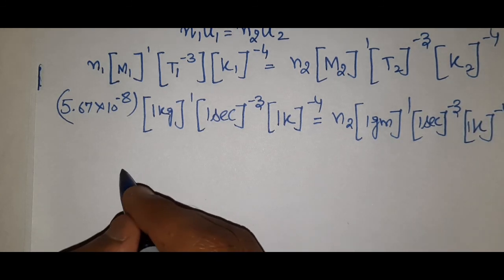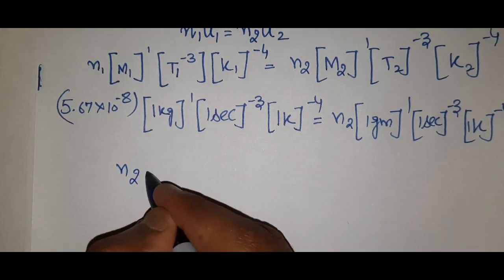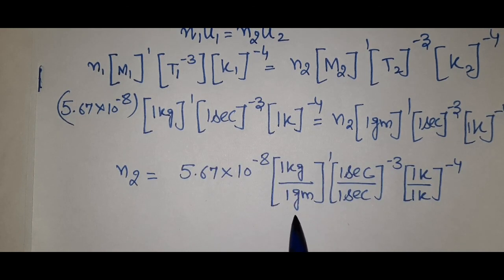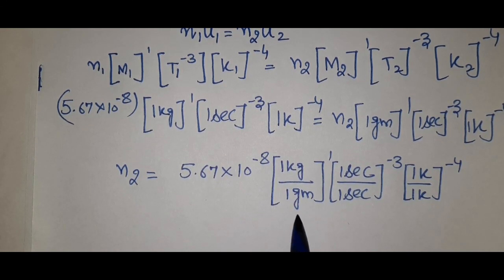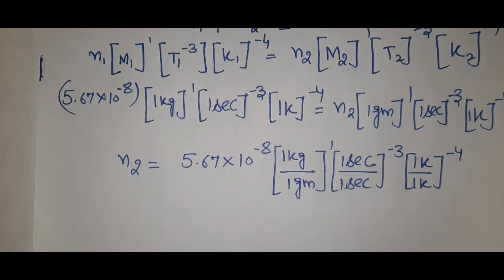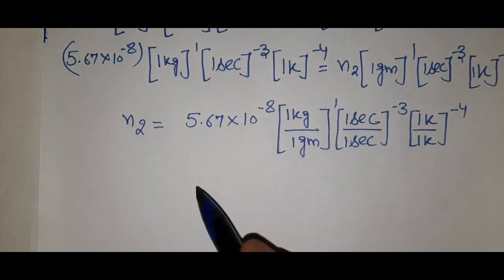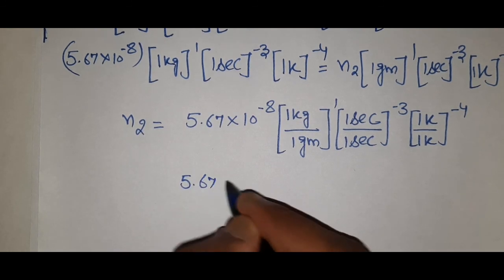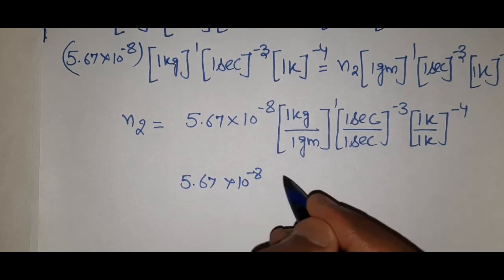Now N2 is equal to, this way we will be able to modify this relation. Now solving this, it will remain 5.67 into 10 to the power minus 8.